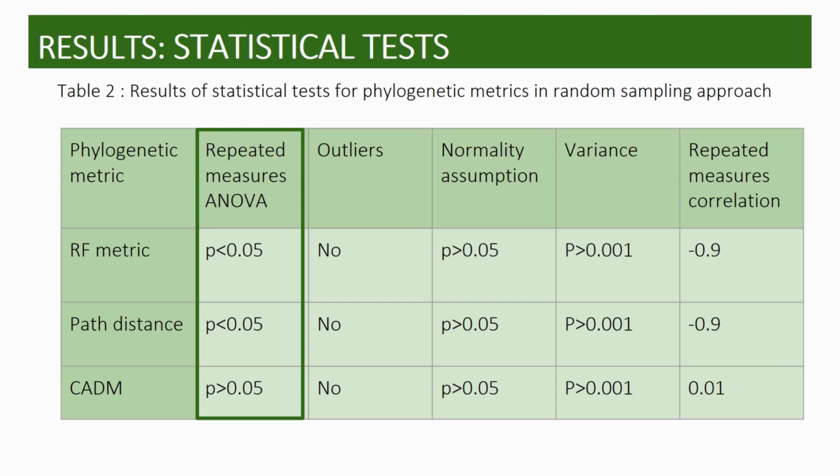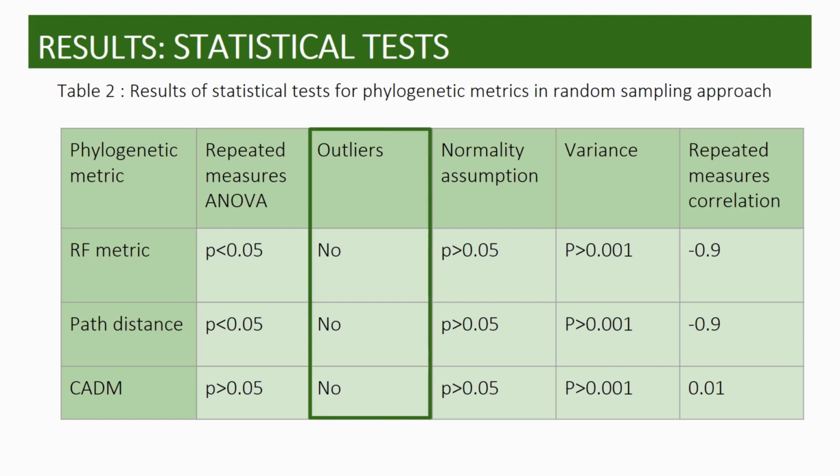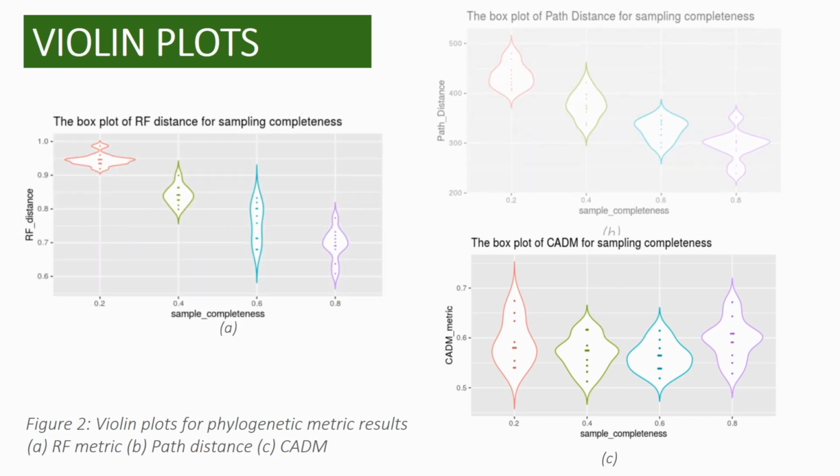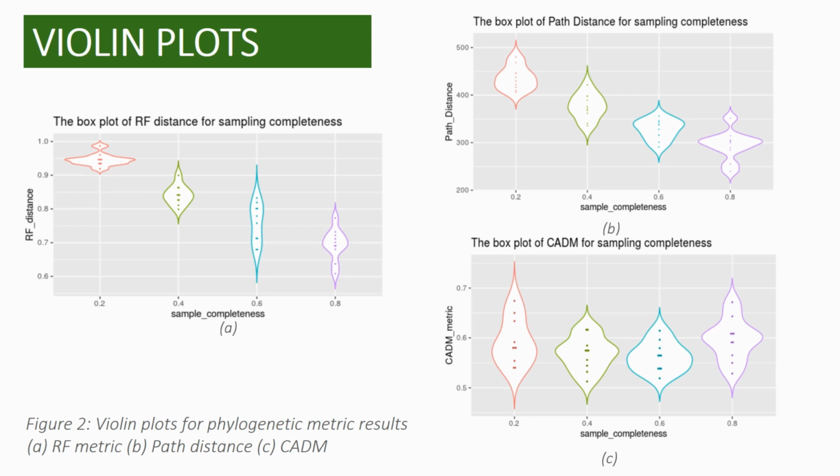Then, results of the first assumption show no outliers in this dataset. To prove that, I had to use violin plots. Here you can see three violin plots. The first one is for Robinson-Foulds metric, the top one is for path distance, and the bottom one is for congruence among distance matrices.